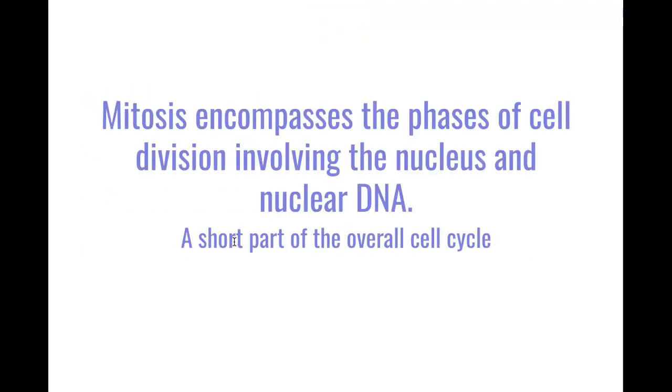When we look at mitosis, you've got all the phases of cell division that really are focused on what's going on with the nucleus and what's going on with the DNA that's in the nucleus. Why do I say nuclear DNA? Remember that we've got DNA in our mitochondria as animals, and plants also have cells that undergo mitosis.